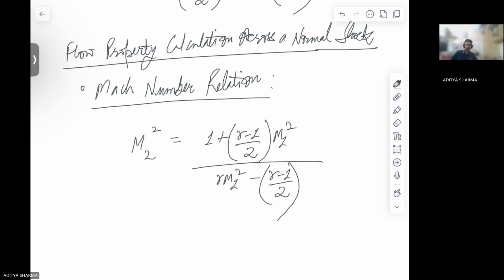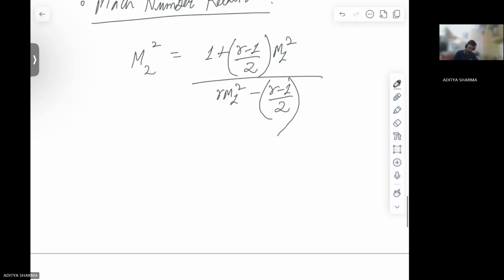The formula for that is this. So we can try one numerical on this.